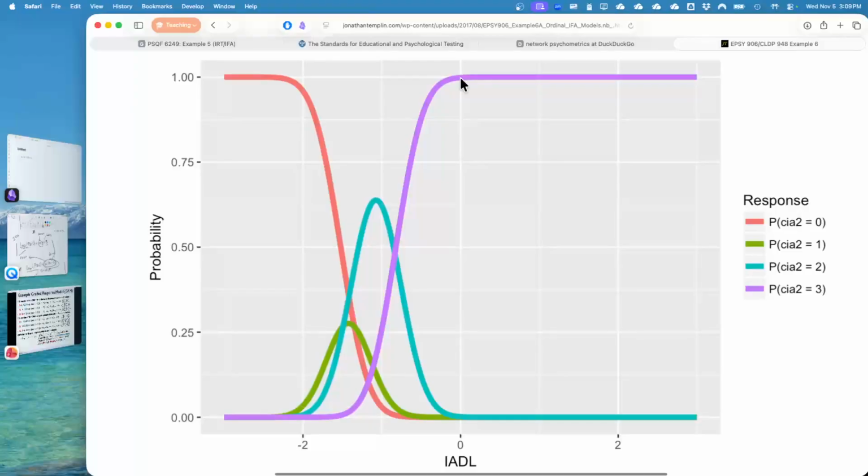So if you think about that here, what we want to look for is, remember, the line at the top is the category that is most likely to be picked. The sum of the lines at each point sums to 1.